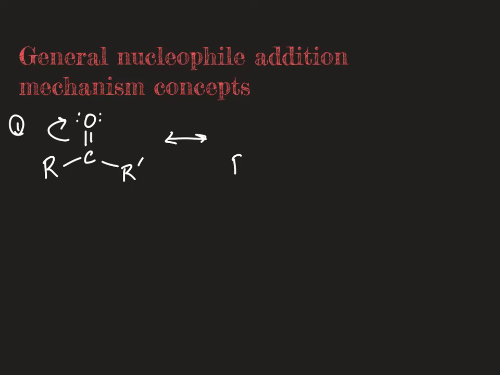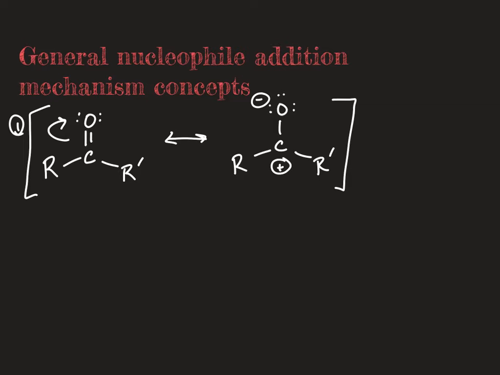Obviously the neutral is going to be your primary structure. However, this is a valid resonance structure. And what this shows is that this carbon is electrophilic. It does have some partial positive charge within the overall average structure. So we have an electrophilic carbon.